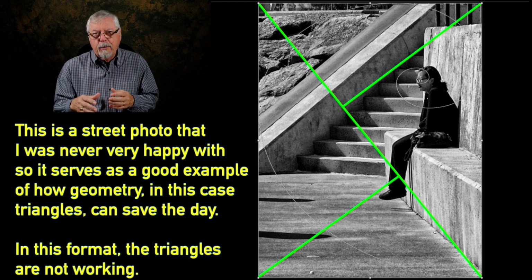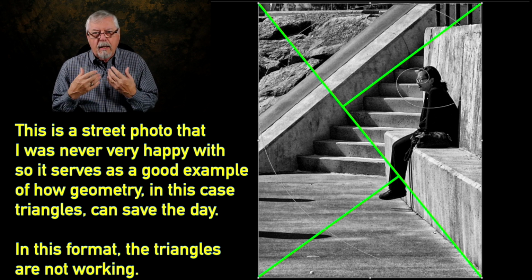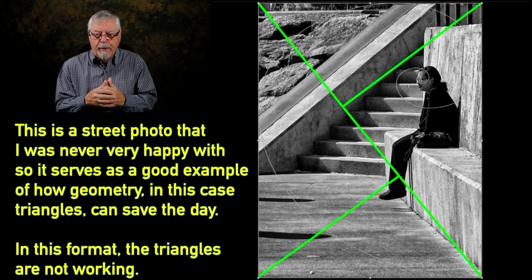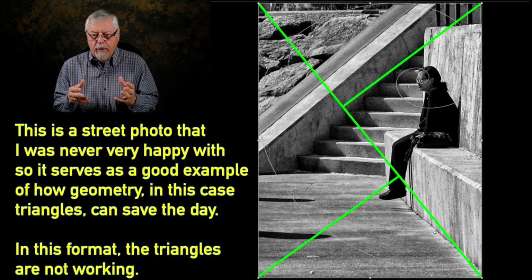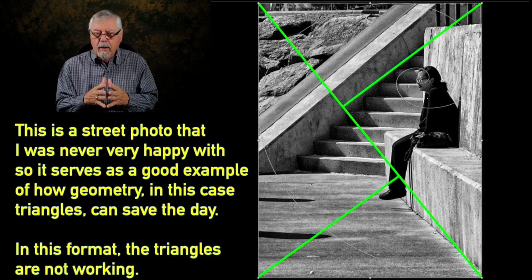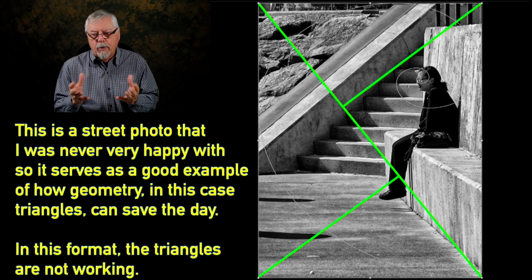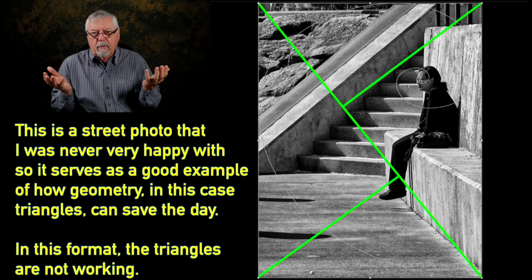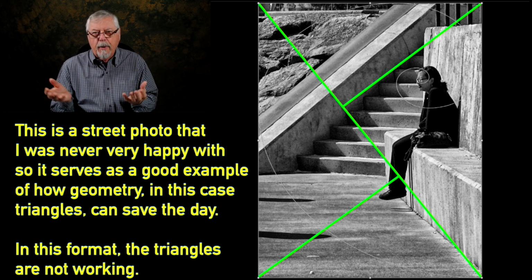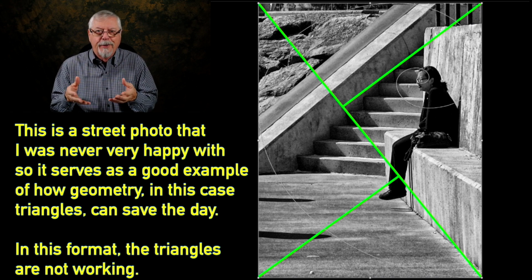Okay, here's a case where I had a street photo that I didn't like. And I thought, you know what, I'm going to put a bad one up, and let's play with the bad one. There's lots of geometry going on in this picture with all that concrete. What can I do with it? When I started trying to put triangles to it, it wasn't working. You can see the spiral sort of worked, but it's not a type of photo that is appealing to that kind of approach, because of all those sharp edges and straight lines.